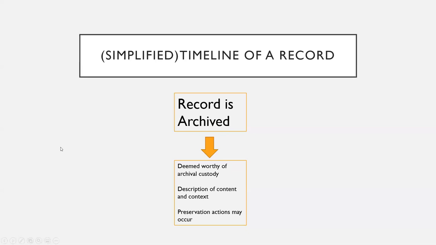Okay, so next we have a stage where the record is archived. So it's been deemed worthy of archival custody, and the archive has brought it into the repository. And this is where archivists will do things like processing, so describing the content and context of the record, making the records more accessible so that researchers are able to use and understand them.